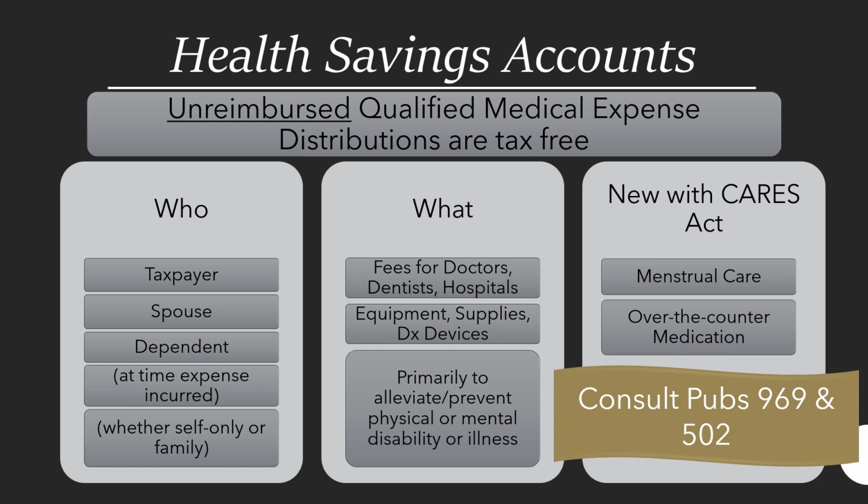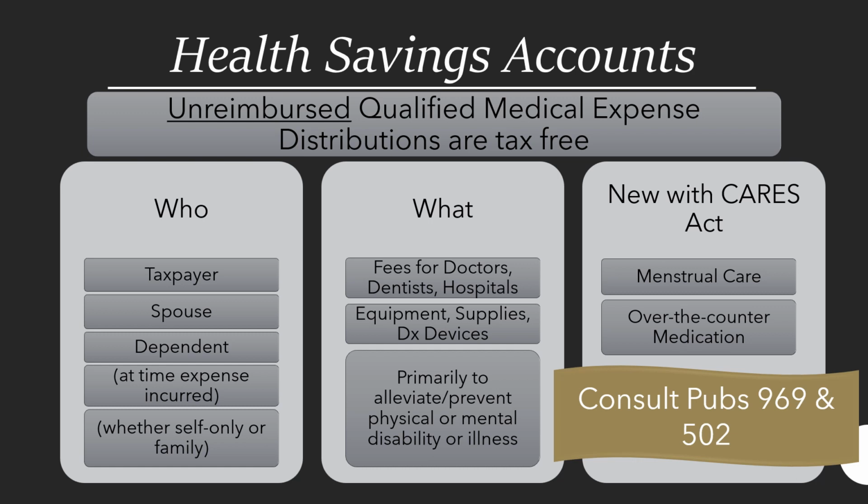So for instance, if in December a certain person was a dependent and went to the doctor, but then was not a dependent in the next year when the bill was paid, the distribution would still be tax-free. And regardless of if the plan was for self-only or family, distributions are tax-free for anyone on the return.